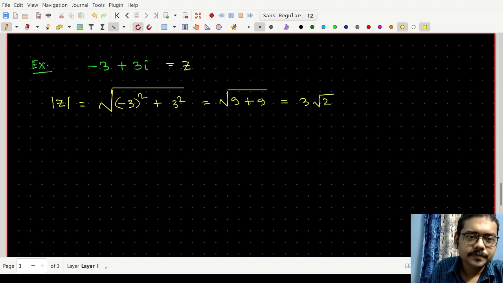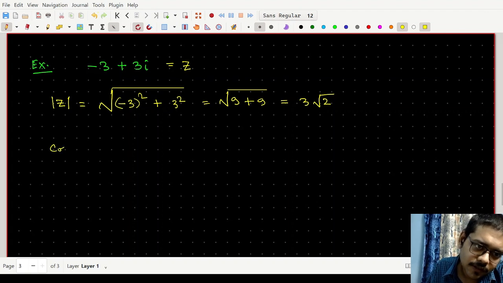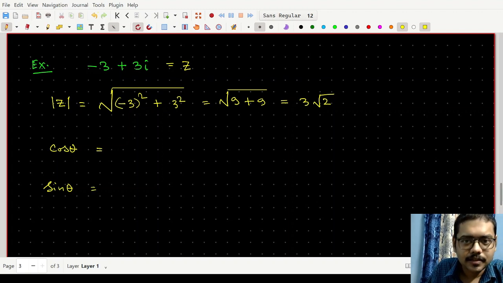And then we need to see what are cos of theta and sine of theta, and that will give us the angle theta. So cos of theta is, we can see that it is negative.